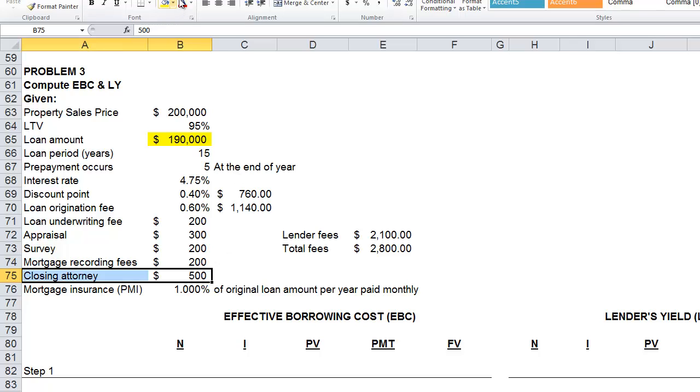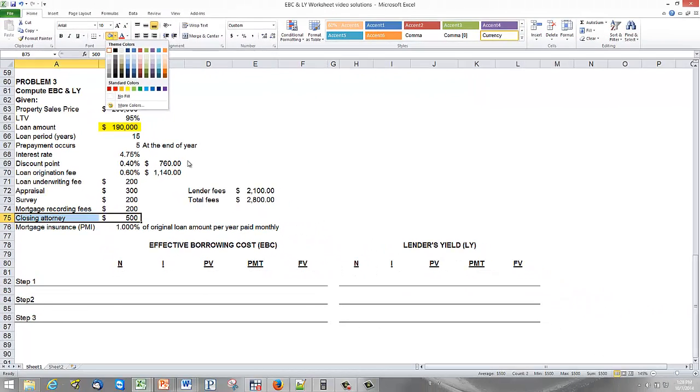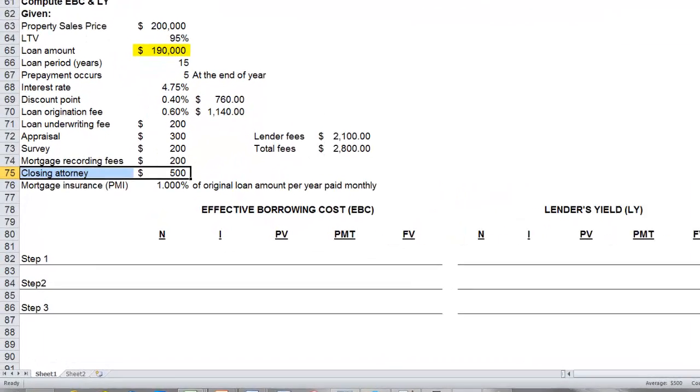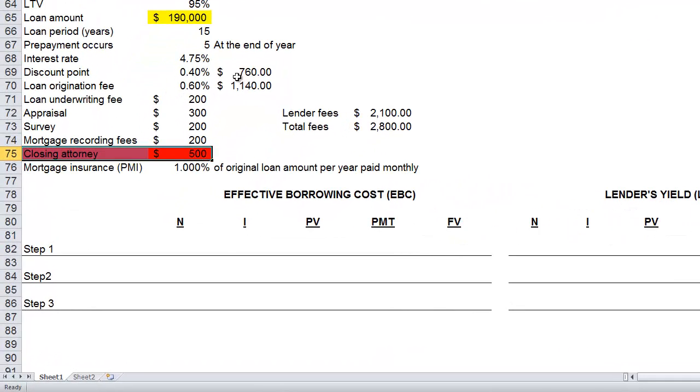So if that was on there, the closing attorney, I'd color that red because we don't want to include that for anything. Okay. So we have our lender fees, hit F2 on your keyboard, and F2 for total fees is the lender fees plus these 3 right here, but not the closing attorney.